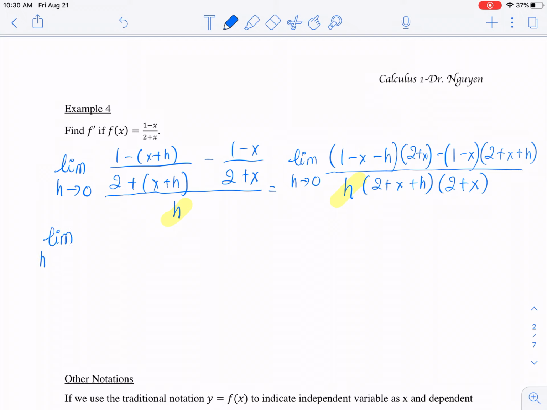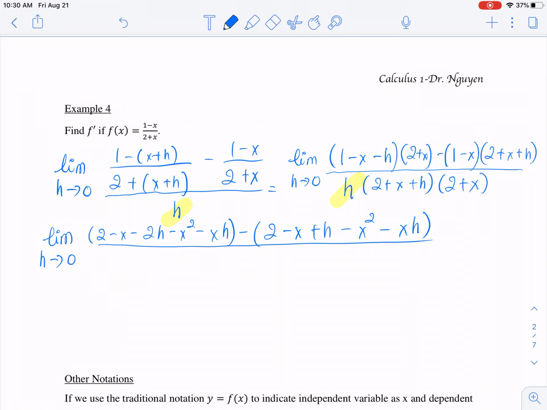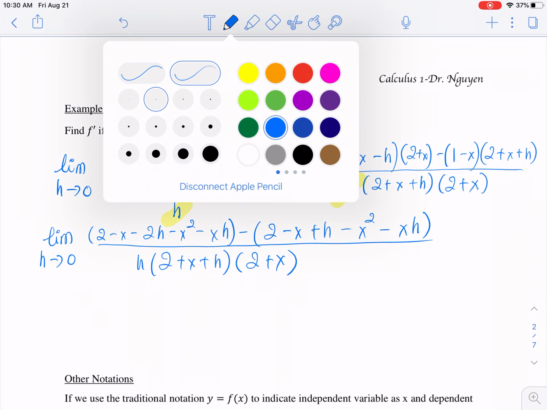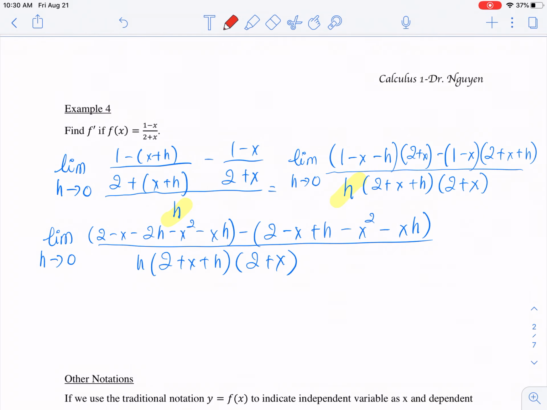2 minus x minus 2h minus x squared minus xh minus 2 minus x plus h minus x squared minus xh. Everything over h times 2 plus x plus h times 2 plus x. All right, let's do some cancellation.